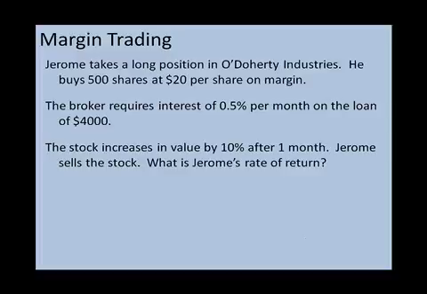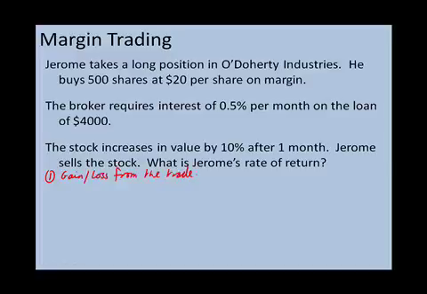What we want to know is, what is the rate of return for Jerome? Now, some people may think the rate of return has got to be 10% because the stock went up by 10%. So let's see if that intuition is correct. To calculate the rate of return, the first thing we need to do is calculate the gain or loss.